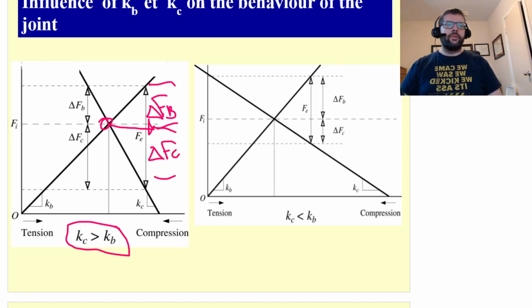Whereas the opposite occurs when you have Kc less than the Kb.